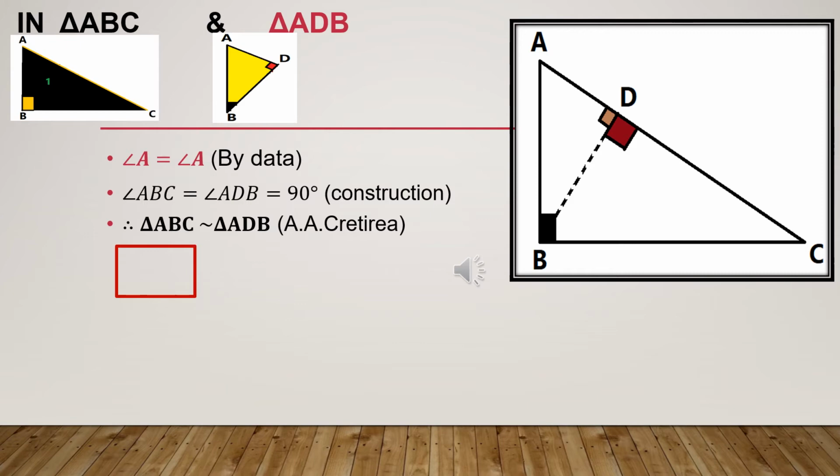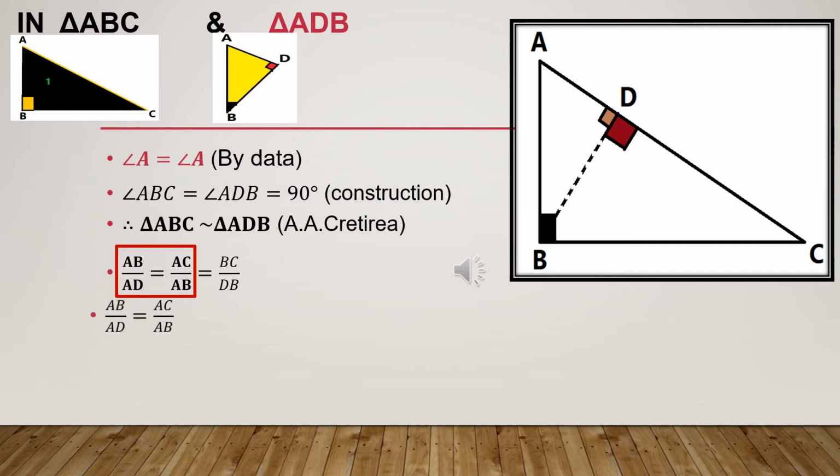we write the ratio of similar sides AB by AD is equal to AC by AB is equal to BC by DB. Consider the two ratios.